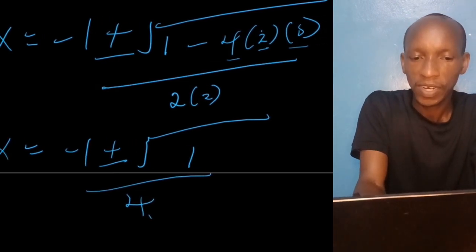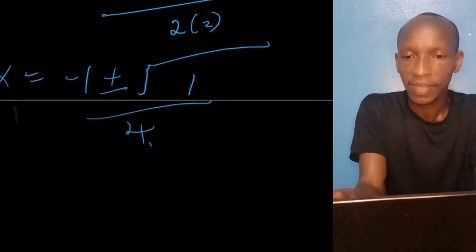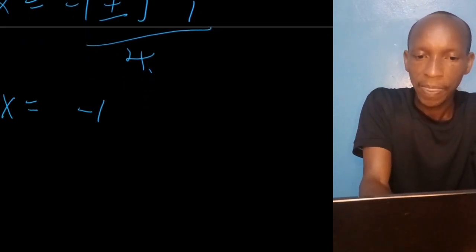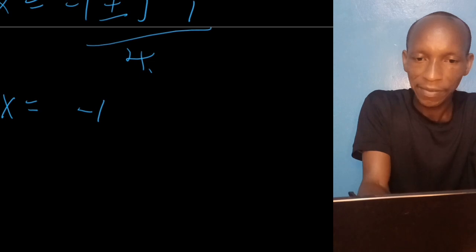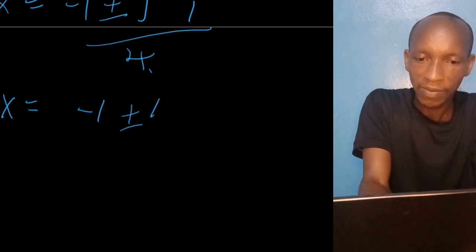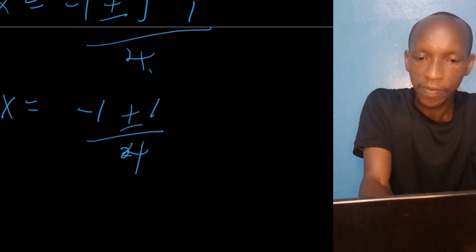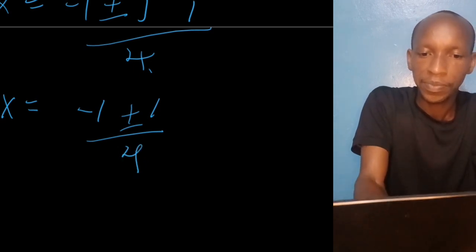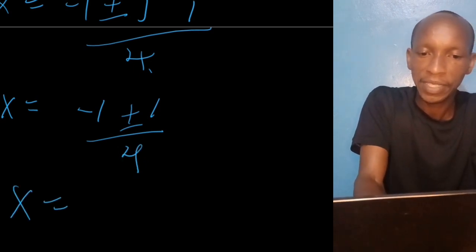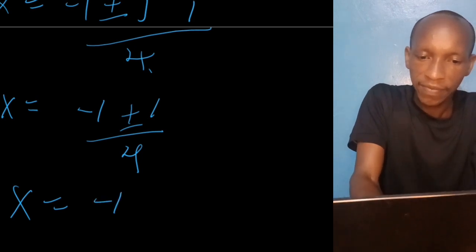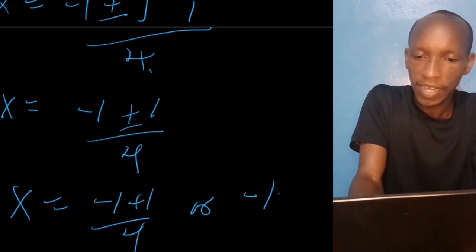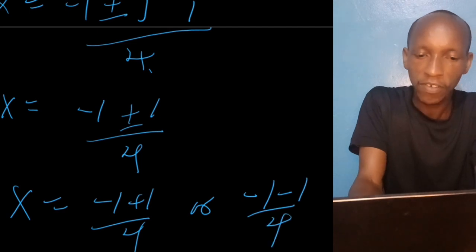So therefore, x is equal to negative 1, square root of 1 is 1, so plus or minus 1 divided by 4. So x becomes either negative 1 plus 1 over 4, or negative 1 minus 1 over 4.